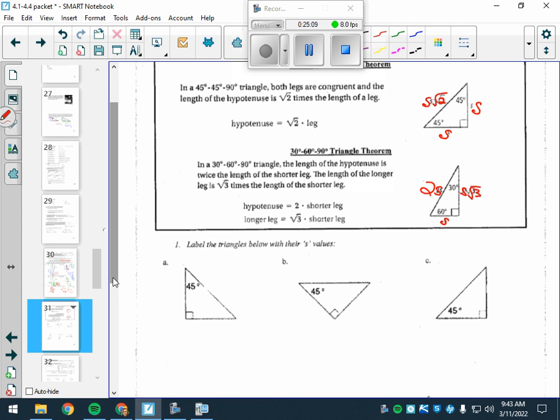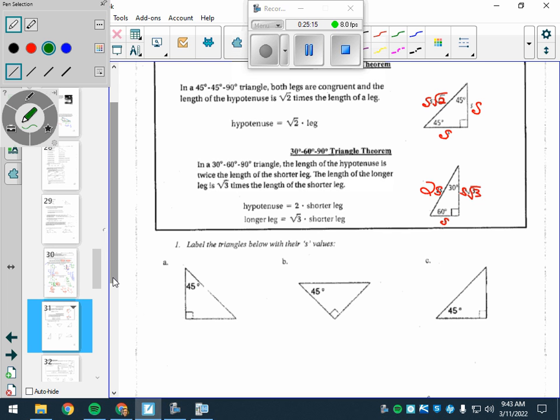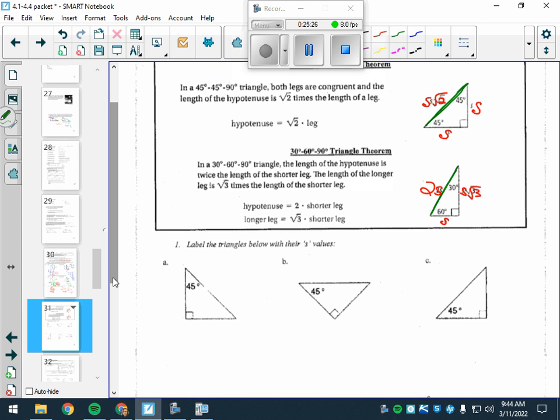I always need a little trick of how to remember stuff when it comes to memorizing. So I always remember that the hypotenuse of both has a 2 in it somewhere.